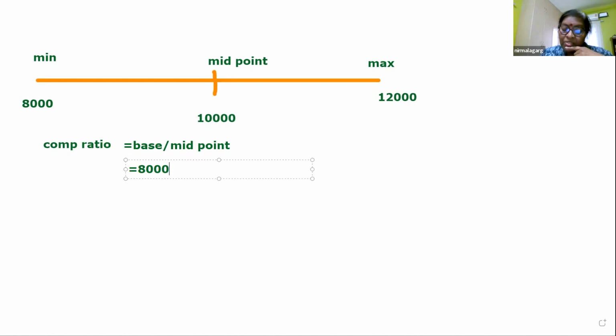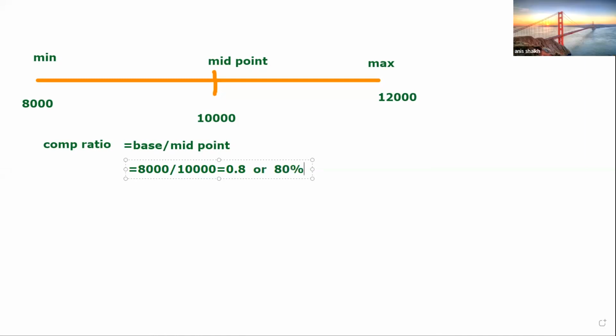Then what is the comp ratio? 8,000 divided by 10,000 equals 0.8, which is 80%.